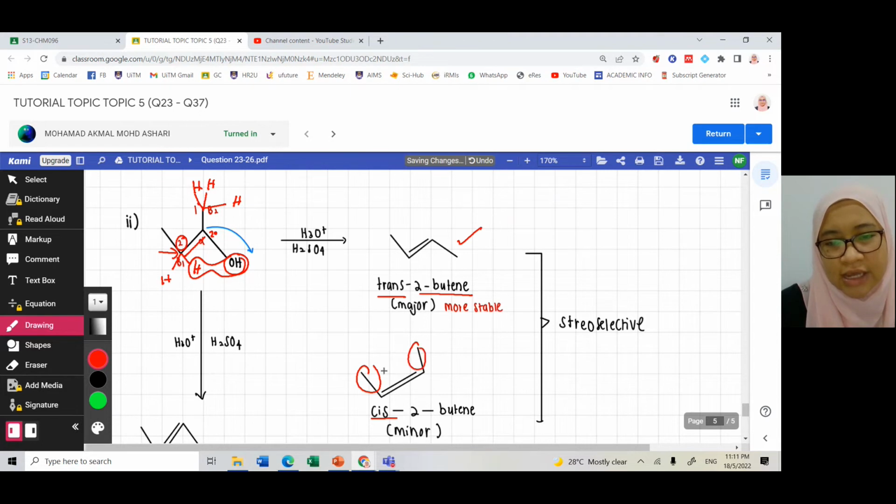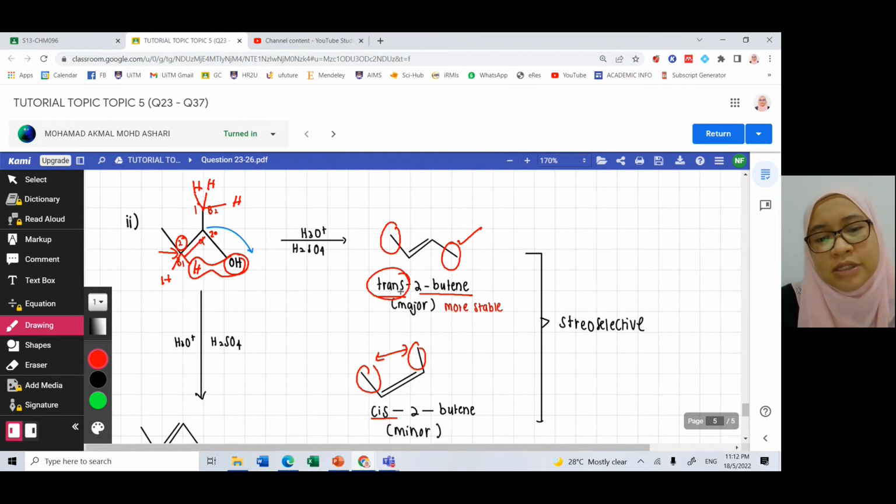Because in cis, both of the high molecular weight groups will be located on the same side. So this would create repulsion compared to trans. See, in trans, they are opposite one another, so there is less steric hindrance. That's why trans will be the major product and cis will be the minor product.